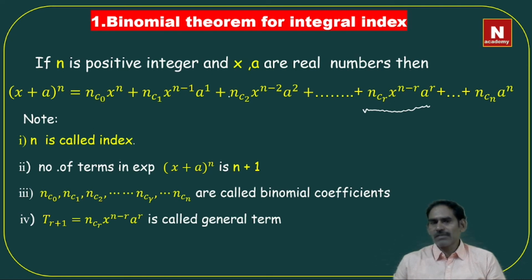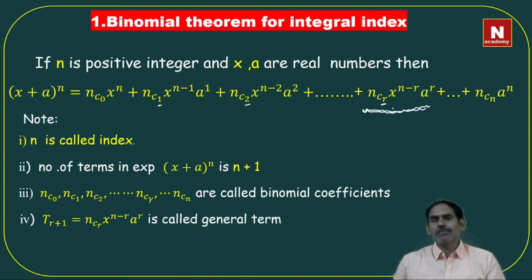See, in nC2 x power n minus 2, x power is always difference of n and 2. Here x power is n minus 1, means difference of n and 1. And a power 1, a square, a power r, a power n will be present here. That means every term is in this model nCr x power n minus r a power r. That's why this term is known as general term.